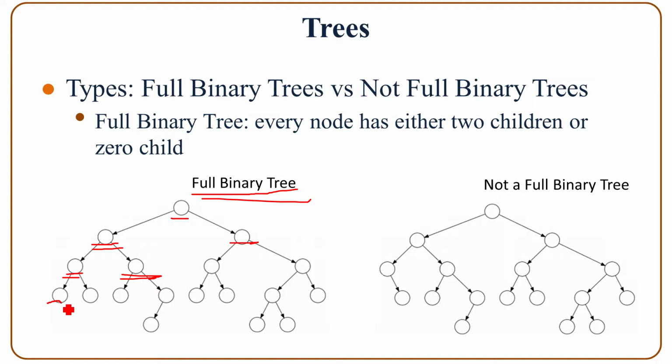And this leaf has 0 child. And actually, this should have a child in order to be a full binary tree.